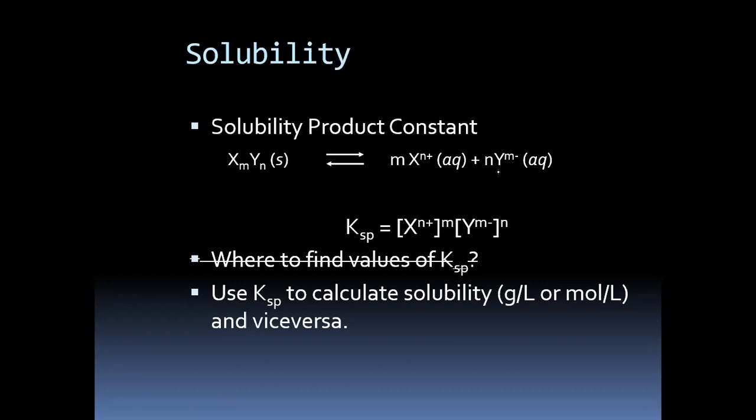Also, in the ICE table, if the compound has solubility S, in the case of zinc hydroxide you would have S moles per liter of zinc, but 2S moles per liter of the hydroxide ion. Again, I'm referring to the exercise we just did in class today with the precipitation of zinc hydroxide.